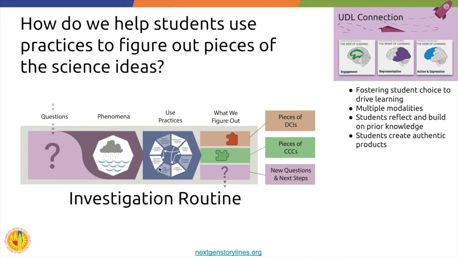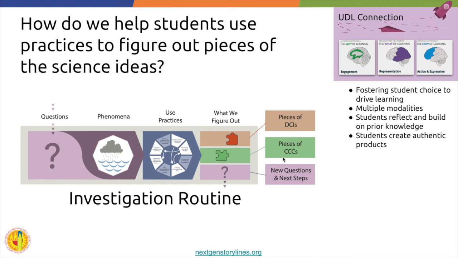The students engage in practices once again to try to figure out what's going on with the phenomenon. They construct knowledge. If your state has NGSS, which not all states do, then you are familiar with the term DCI, disciplinary core ideas. If your state doesn't have the Next Generation Science Standards as standards, then here we're simply talking about content pieces.